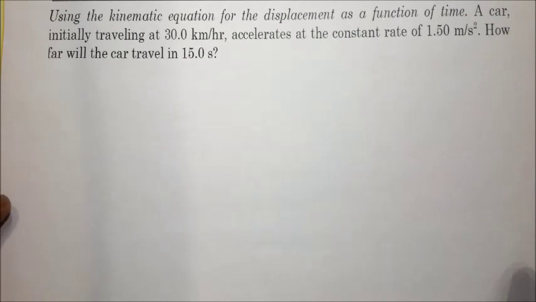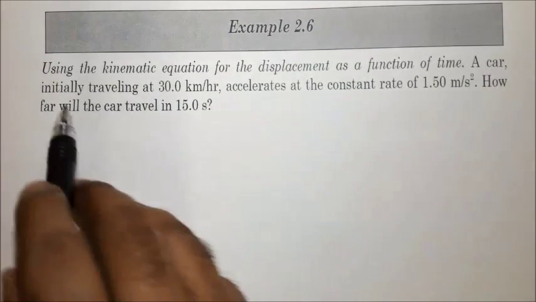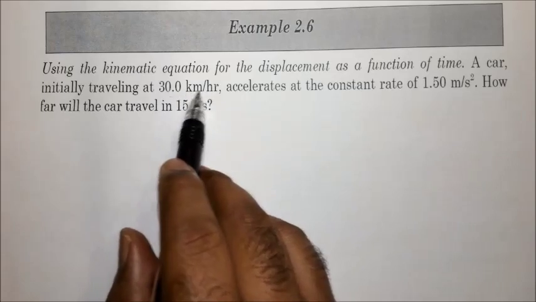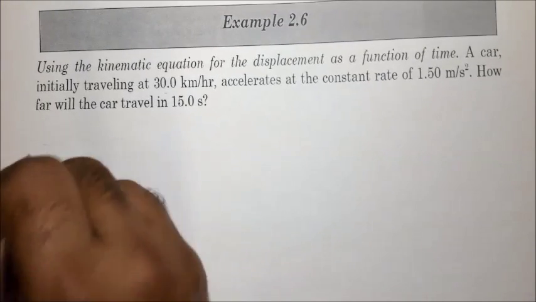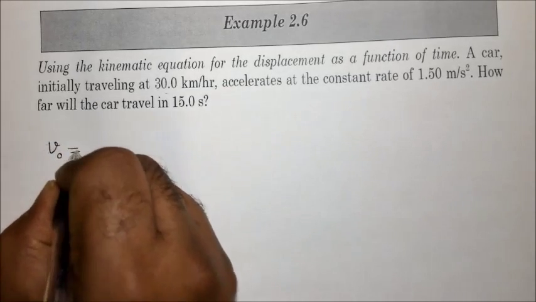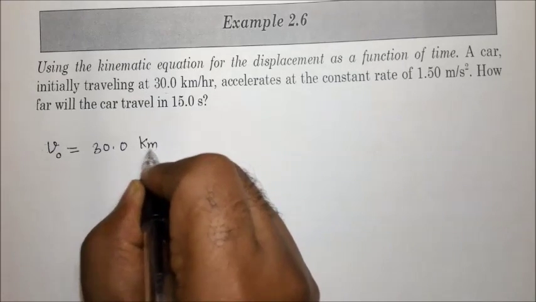Let's do another example, 2.6. It says that a car is initially traveling at 30.0 km per hour. So V initial is 30.0 km per hour.